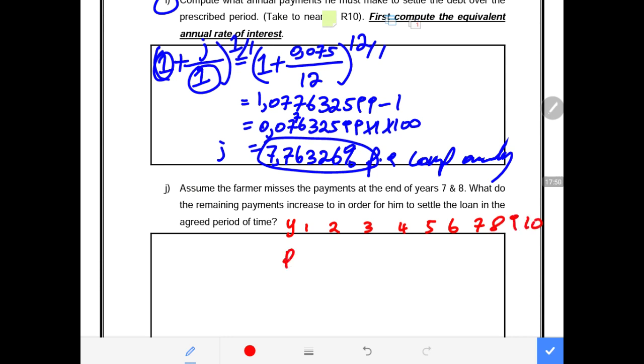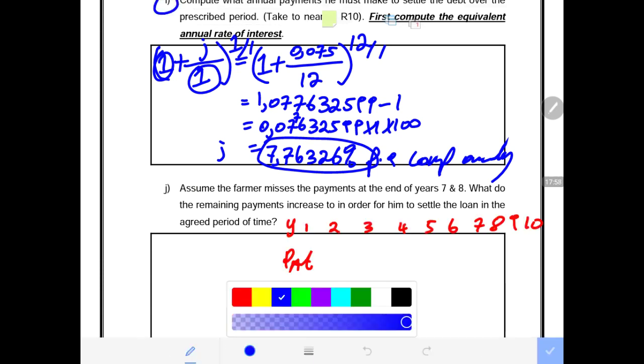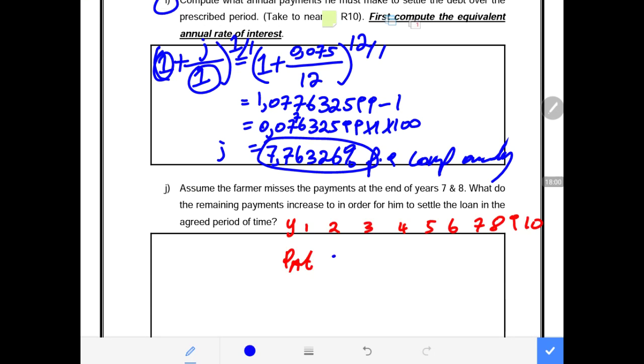Then we have PMTs. Payment number 1 is at the end of year 2. Please highlight that. Payment number 1 is at the end of year 2. That is payment number 1. Payment number 2, because year 1 the farmer did not pay. The farmer only made the first payment in year 2.